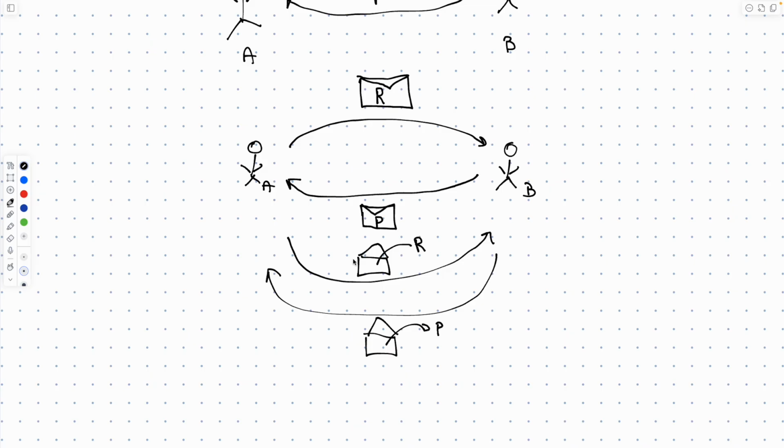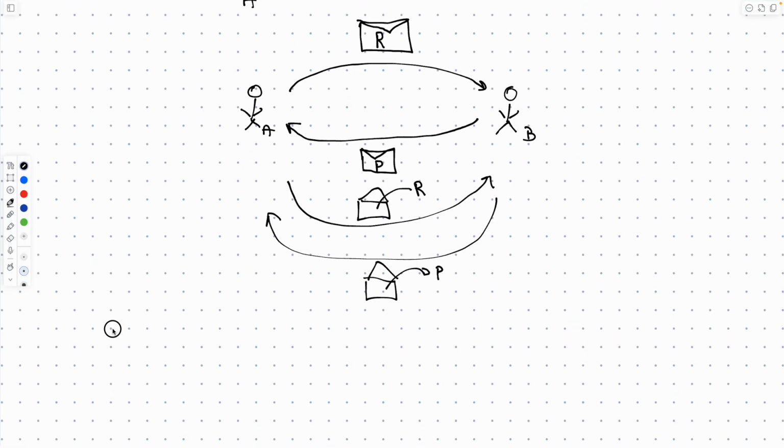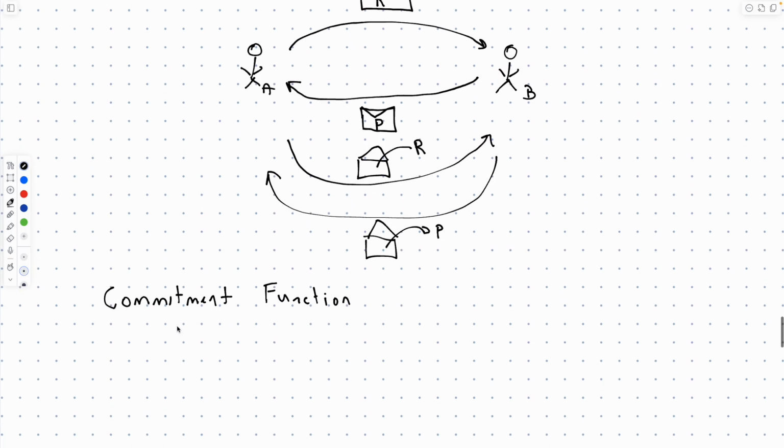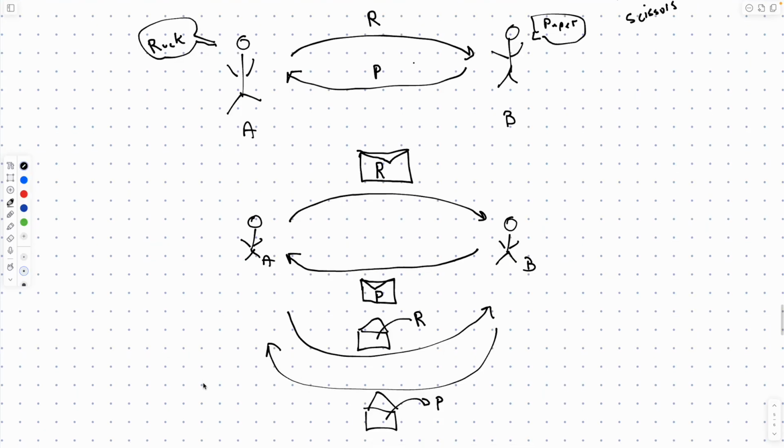Okay, so we call this a commitment function. The envelope here is functioning as a commitment function, and it's giving us two properties. Just tell me in your own words, what are we looking for from the security?